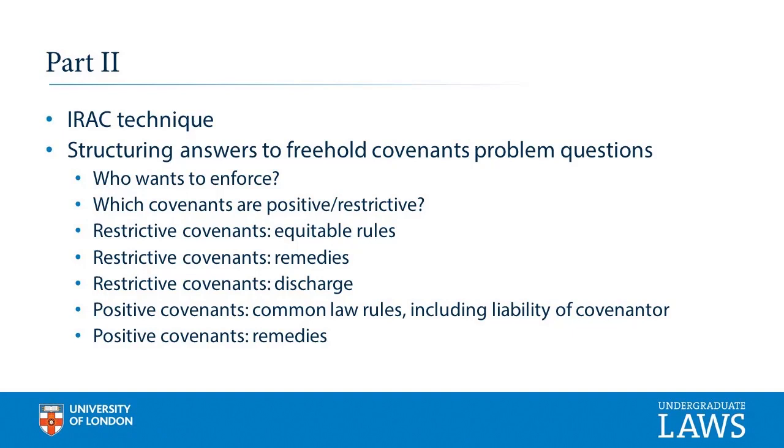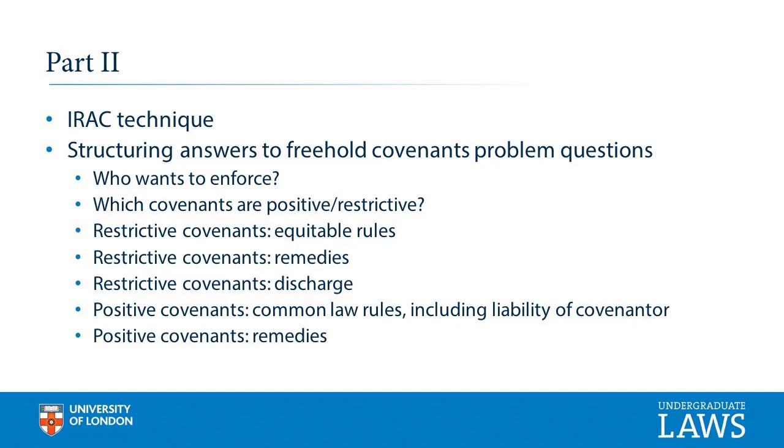And when you apply the common law rules relating to the benefit of a covenant, it's important that you identify which particular method of transmission you are utilizing, and that you identify and apply all the conditions which are necessary for that particular method of transmission. And again, if you think that more than one method of transmission is engaged, go for the one which is the most obvious or with which you can deal the most quickly.